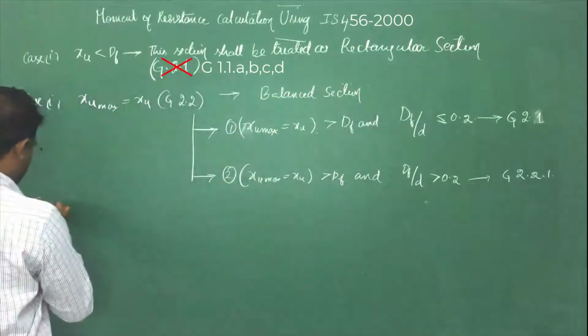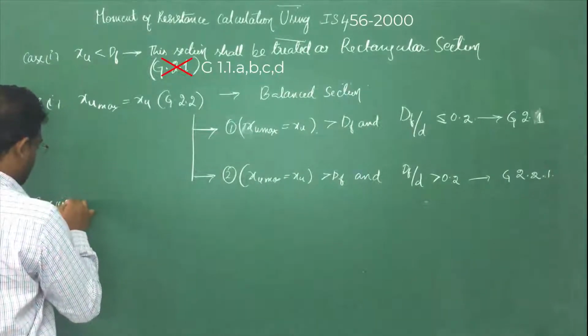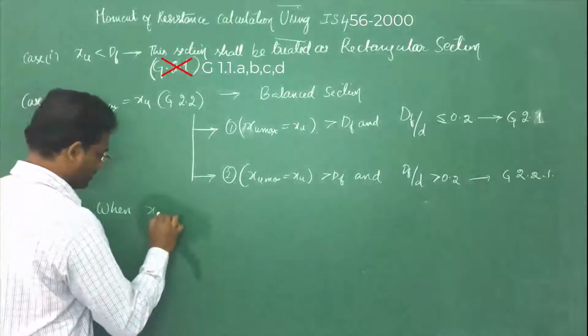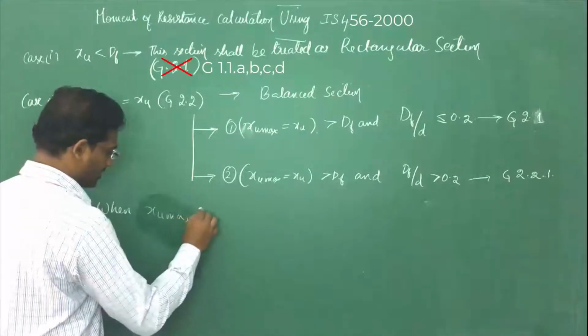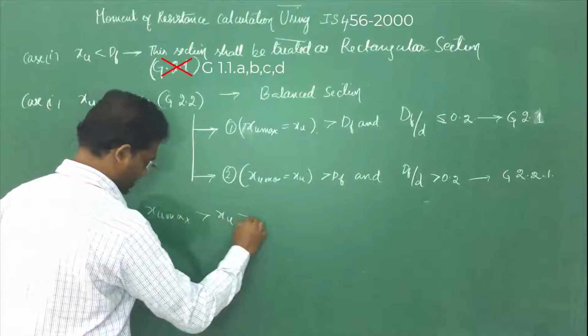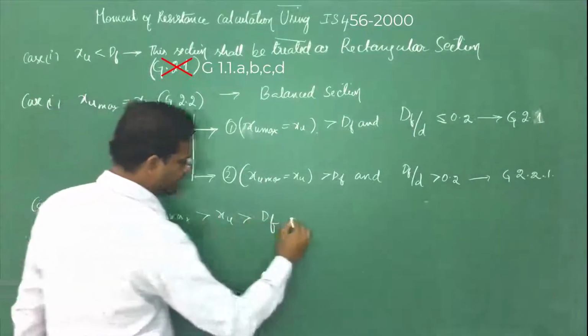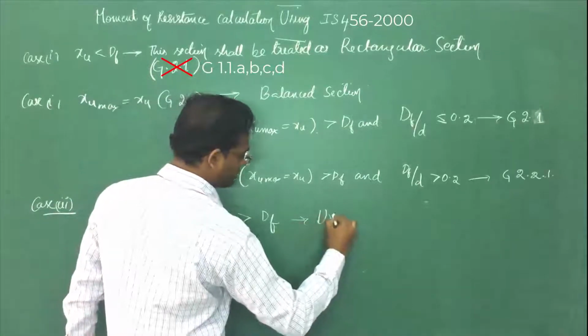There is case 3. In case 3, when Xu max is more than Xu, and Xu is more than Df, this section refers to an under-reinforced section.